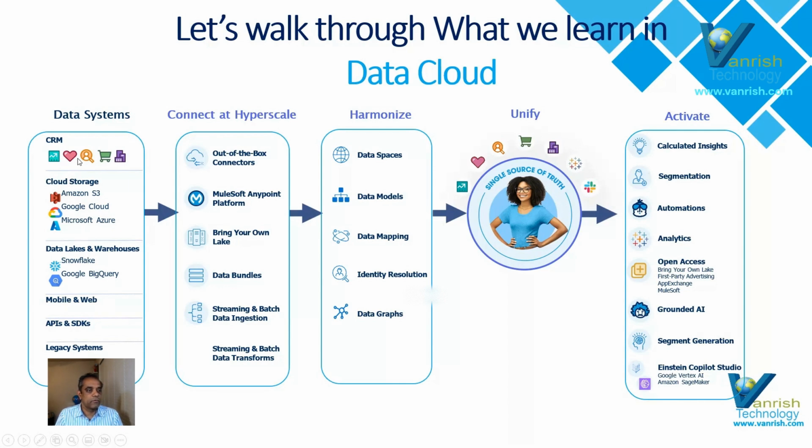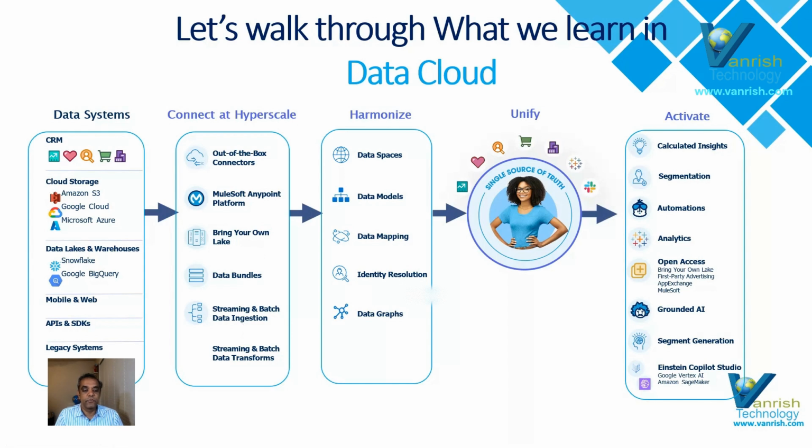These are the ways you can connect and ingest your data: the out-of-the-box connector available within the Salesforce or Data Cloud ecosystem, MuleSoft Anypoint Platform, bring your own lake, like Snowflake or any other lake, and you can also import as a data kit. Then there is streaming or batch data ingestion.